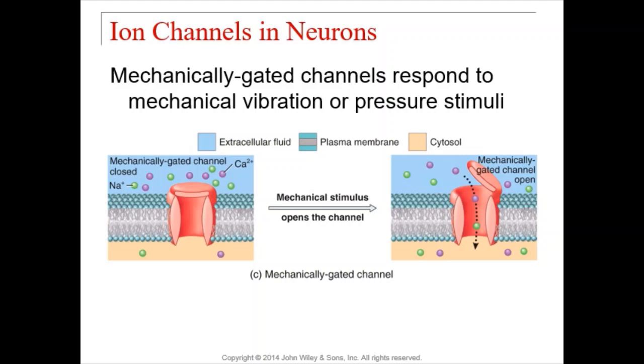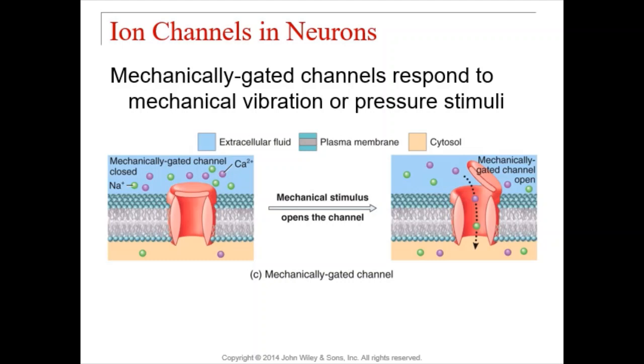So if you're a channel that only opens when there's a ligand, we call you a ligand-gated channel, which is what you see in this image. As soon as the ligand binds, the channel will open. That's a ligand-gated channel. It's usually closed, and you need a ligand to open it. Other channels open with other stimuli, like this next one here. It's called a mechanically gated channel.